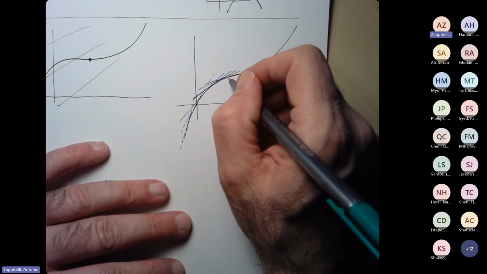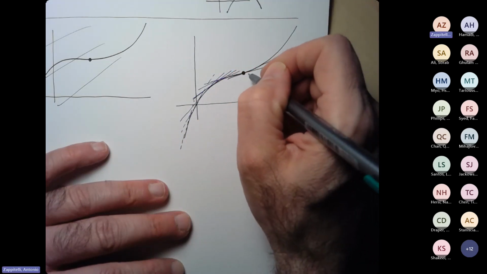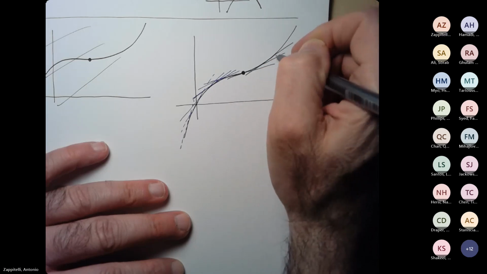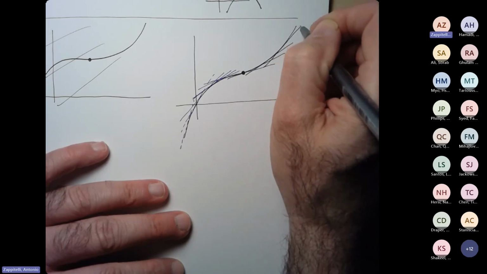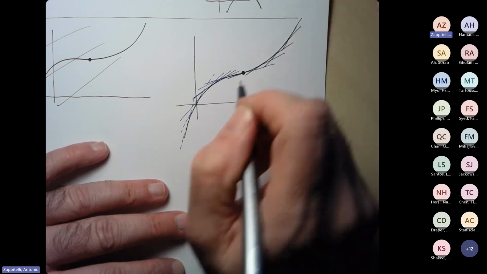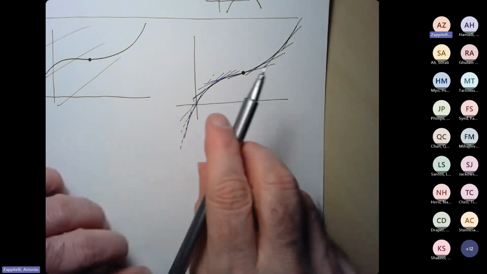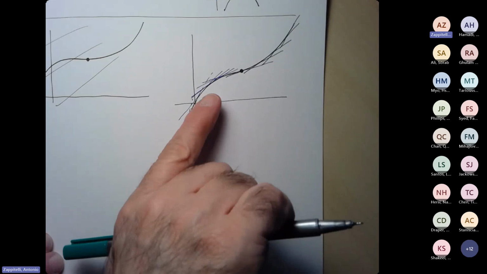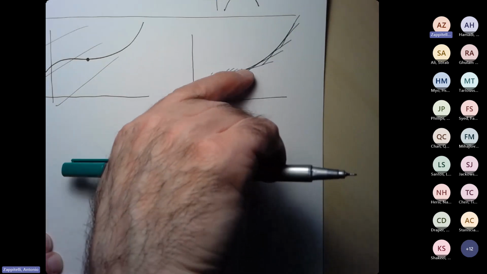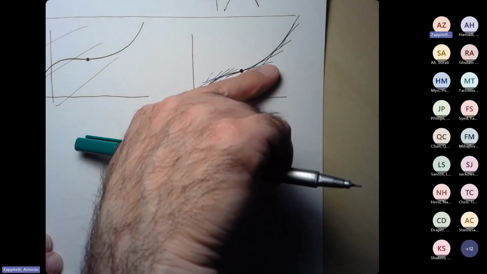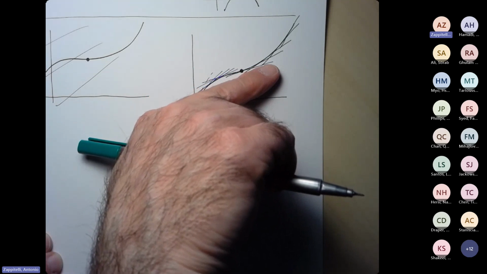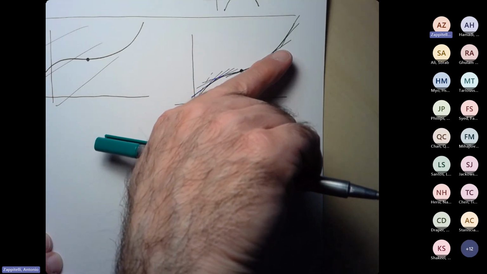But then after this point, what starts to happen with all these tangents? What happens to the slopes of the tangents after that point? They started by getting smaller, smaller, smaller. And then after that point, what started happening to those slopes of tangents?